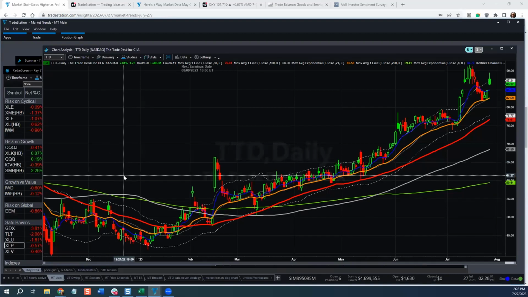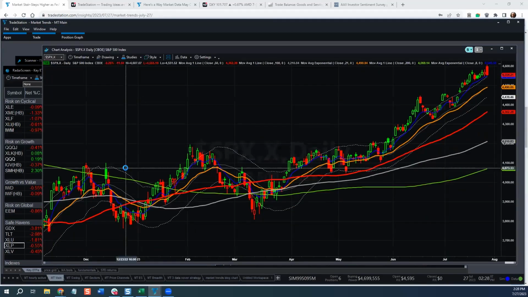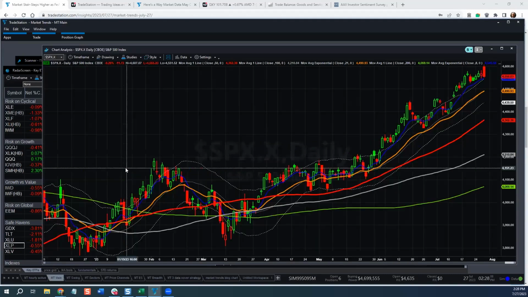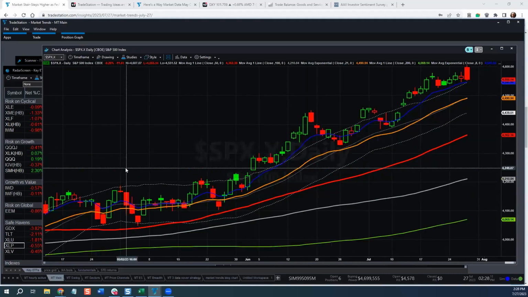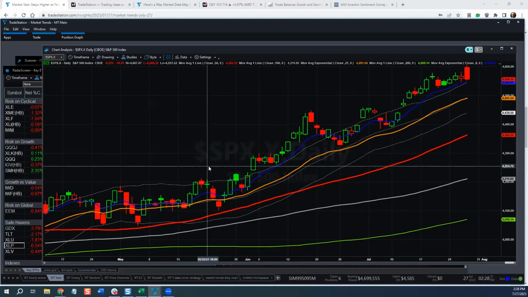We could be setting up, though, for a bearish outside day on the S&P. Looks like we're getting close to it, and that could be a concern for people. Yesterday was actually a bearish outside day as well, but it wasn't very meaningful, especially when you consider the Fed and everything else.